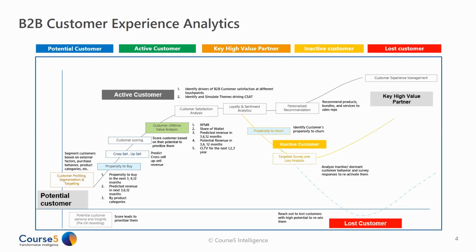When we do the customer lifetime value, we can do a lot of analysis like recency, frequency, monetary analysis, predicting the revenue for the next set of time periods, understanding the potential revenue in the next period, and identifying the CLV for specific accounts.